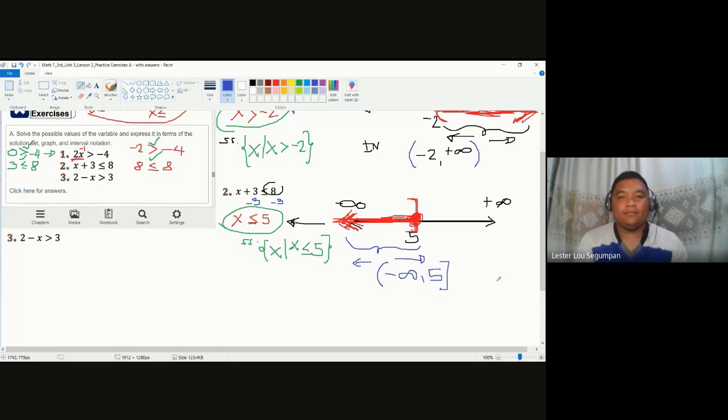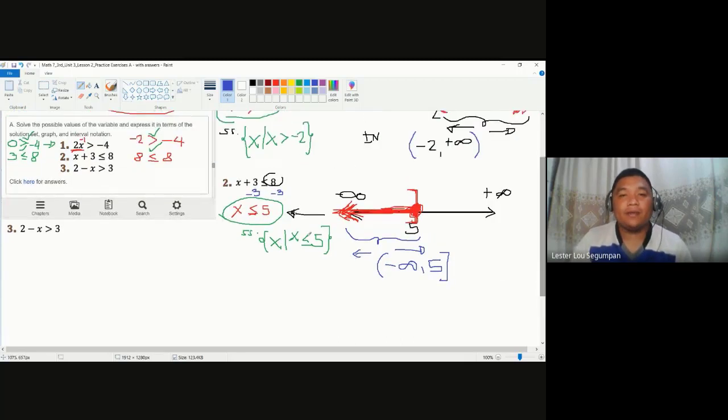Okay, so continue the same process for number 3. But here in number 3, there might be a change. Let's look at this one. Here, do not say, I will add 2 because the sign here is minus.